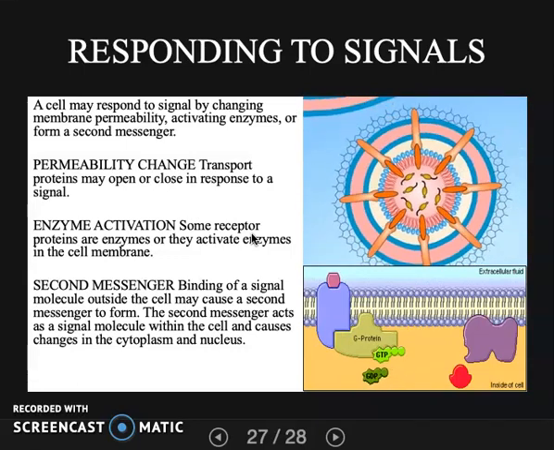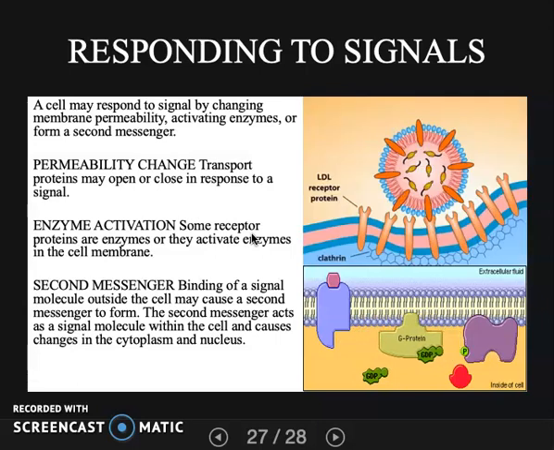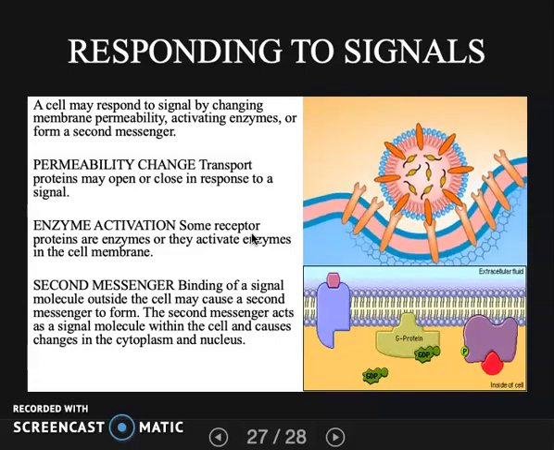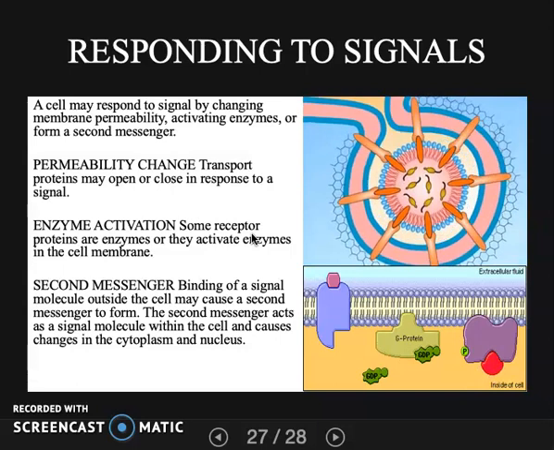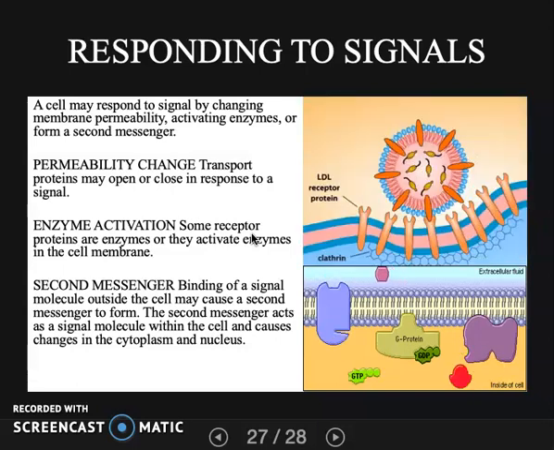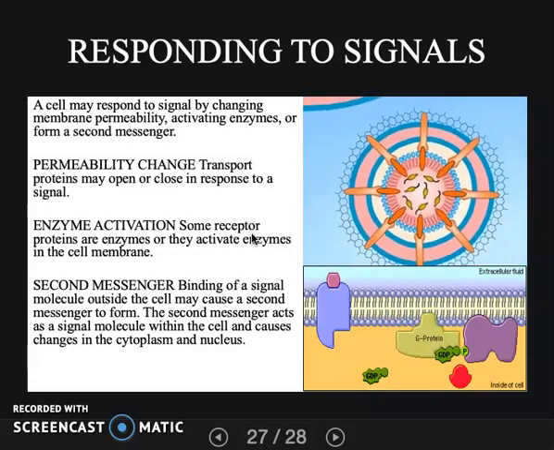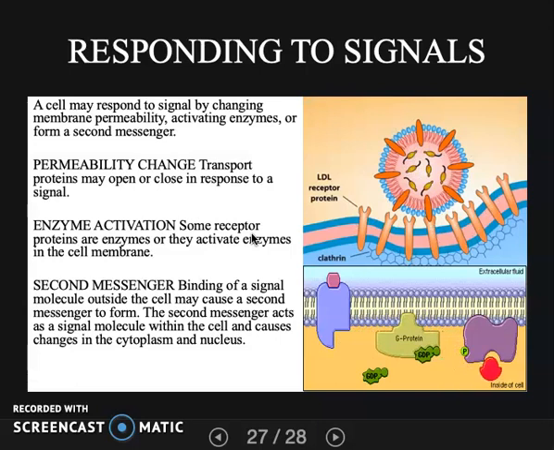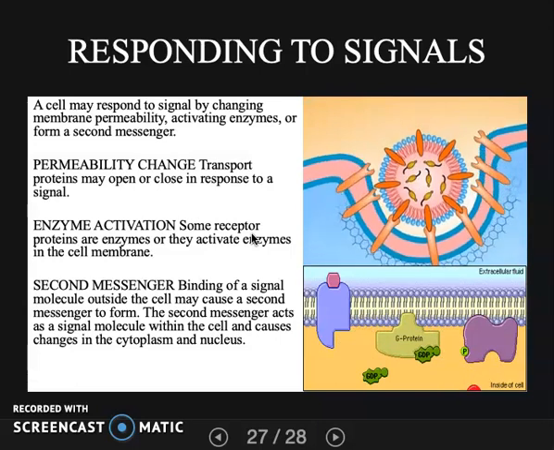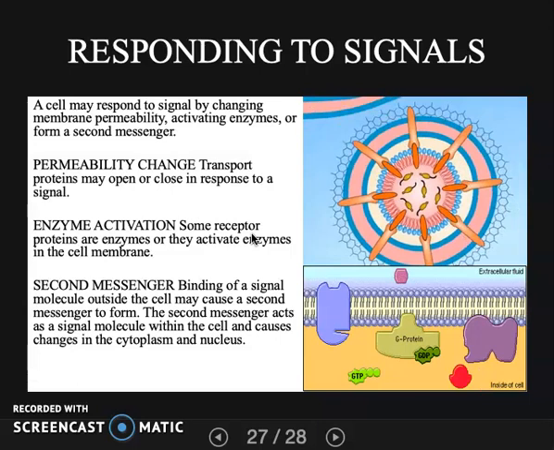One of the responses to a signal, let's say insulin, is to change the permeability of the membrane to something. So, for instance, when insulin binds a cell, it says, hey, let in some glucose, right? Permeability has to do with the ability for materials to move into a cell or out of a cell. And so insulin increases the permeability of glucose for the cells.